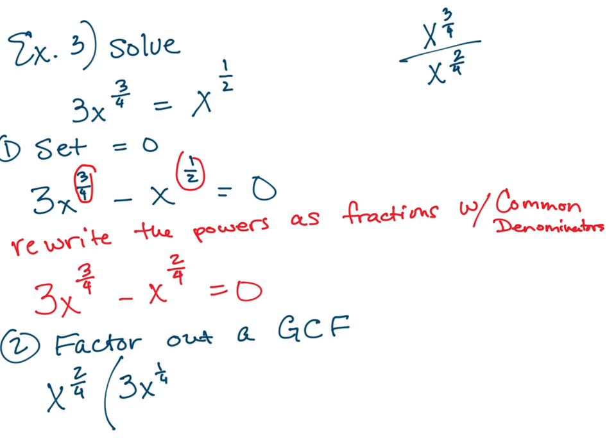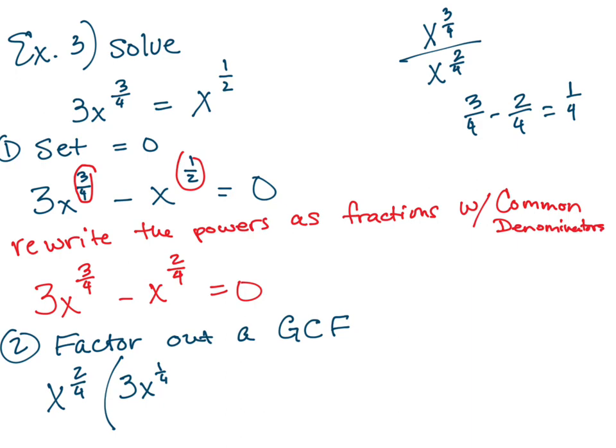And the rule when I divide like bases is I do what? I subtract my powers. So 3/4 minus 2/4, and I'm left with 1/4. That's why it's x to the 1/4 left over.